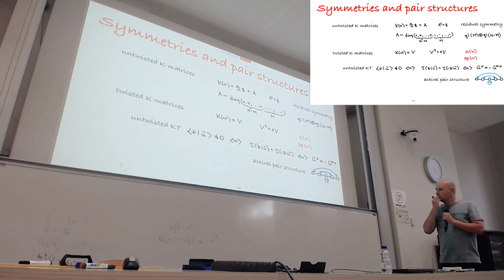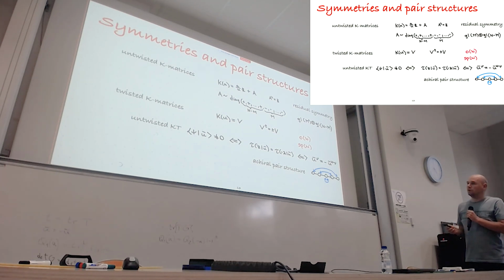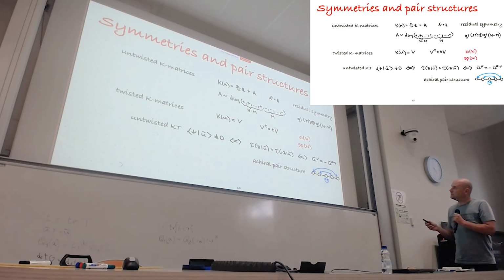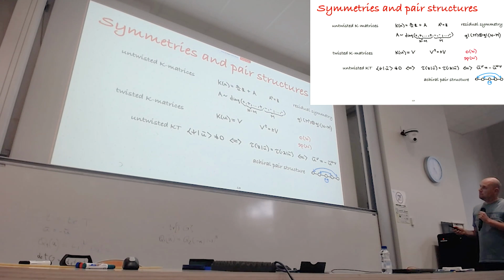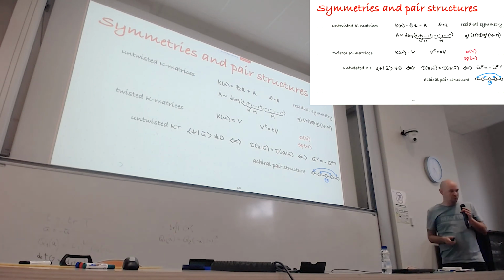And let's see what happens in the on-shell limit. For the non-vanishing on-shell overlaps, the eigenvalues satisfy this condition, and this means the beta roots satisfy this pair structure. So these beta roots are coupled with respect to the Z2 automorphism of the Dynkin diagram.